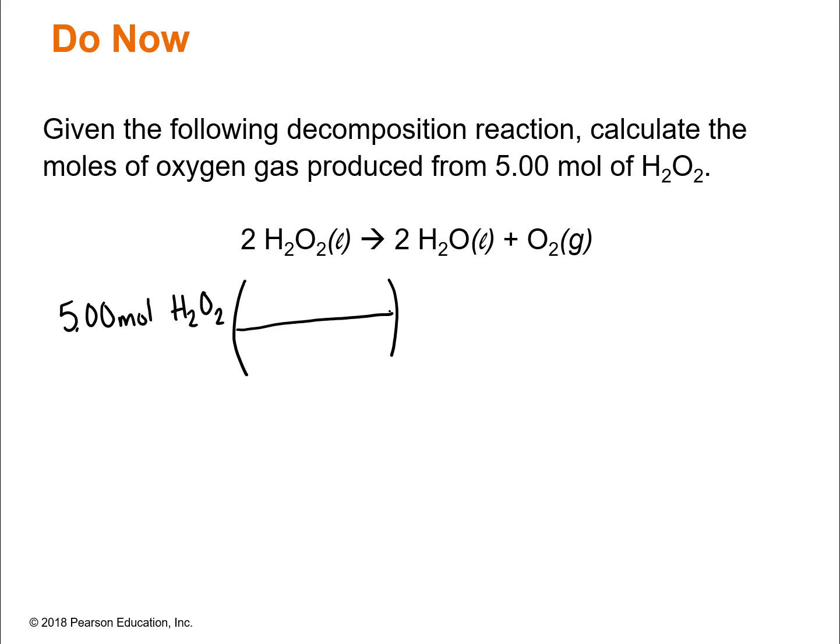To do that, we have to write a mole ratio. We're interested in the hydrogen peroxide and the oxygen gas, so we can write 2 mole ratios for that.